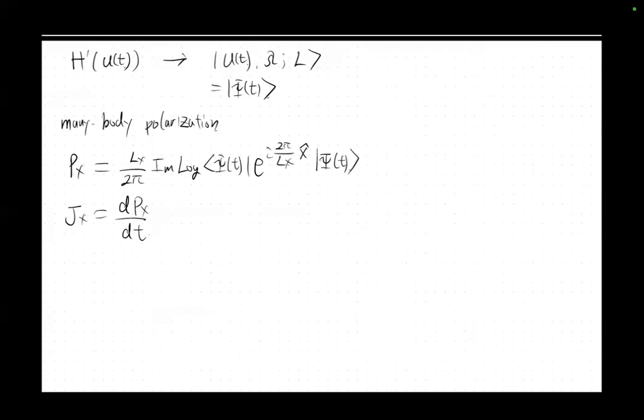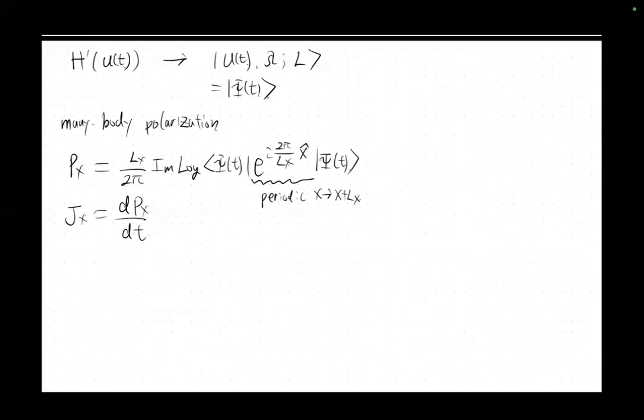And if you haven't seen this, this many-body polarization is defined to make sure that the quantity is periodic as x goes to x plus L_x. Otherwise you need to deal with a discontinuity that happens at the edge of the system as you go around the torus.